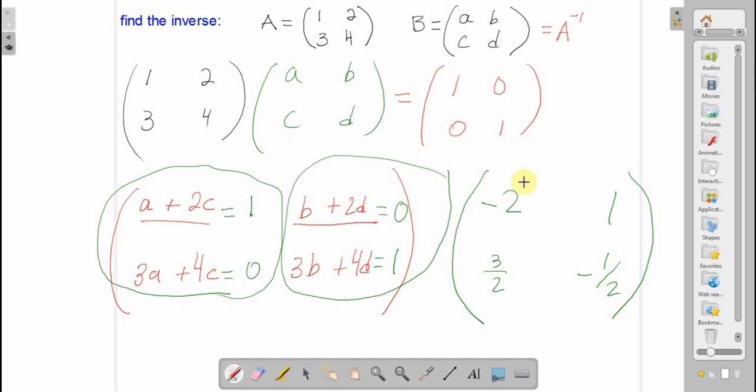So you found values for A, B, C, and D by solving these two systems.